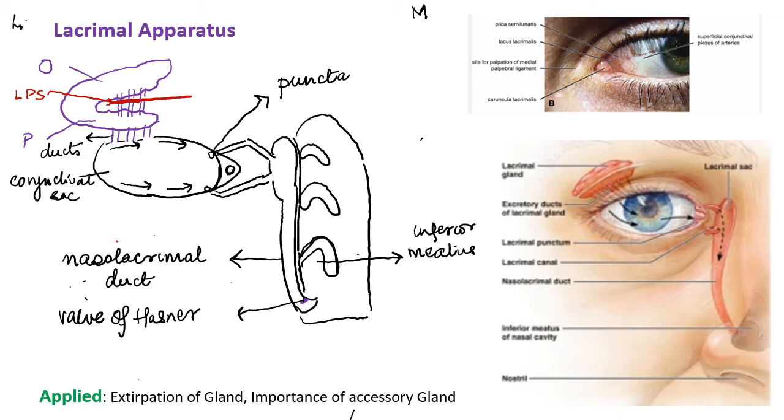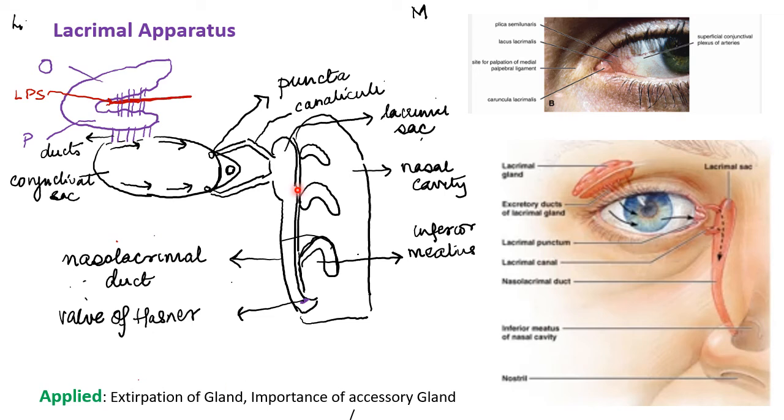They are secreted into the conjunctival sac. Then we have the two puncta which lead into the canaliculi. The superior and the inferior canaliculi lead into the lacrimal sac, which is present medially. And this here is the nasal cavity.